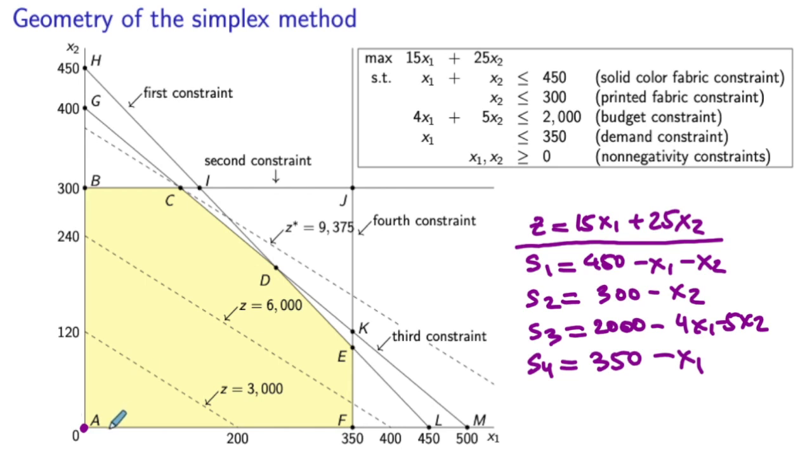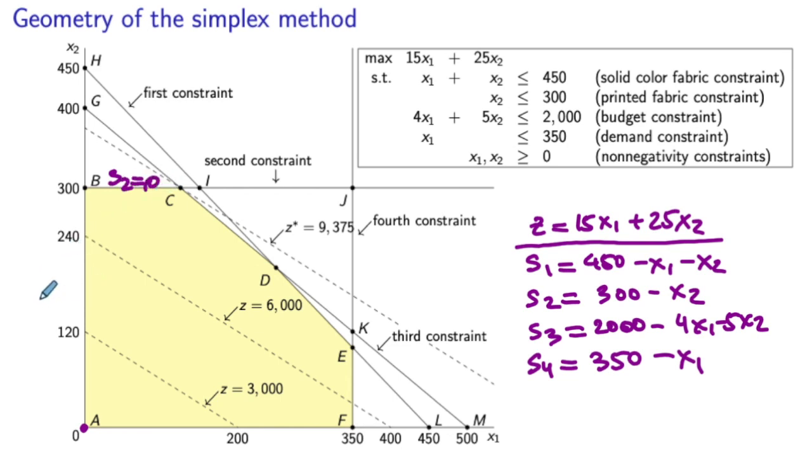Now let's look at what the equations for these lines are. So the first one would be x1 is equal to 0, right? Then for this line, this corresponds to the second constraint, and this line is obtained by setting the second slack variable to 0. So you could describe this line as s2 is equal to 0.